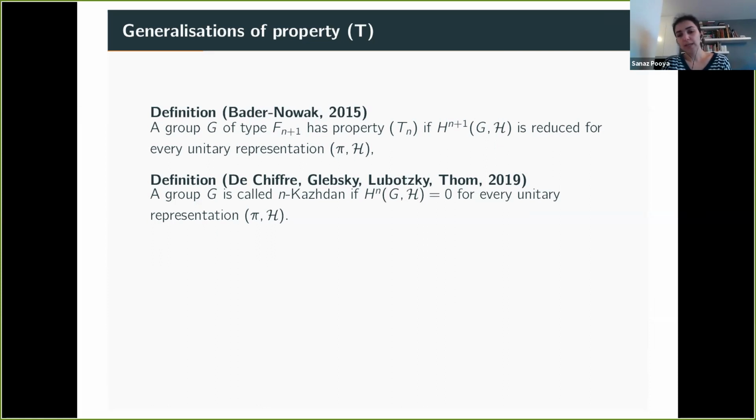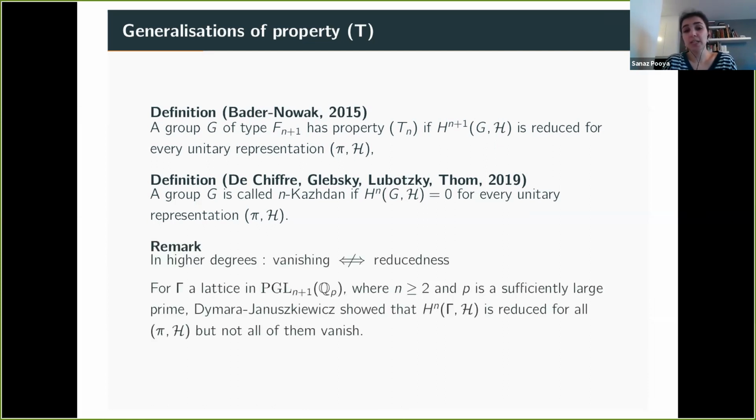So while these, as we saw by the theorem of Delorme-Guichardet, are equivalent in the first degree, this is not the case when one moves on to higher degrees. Obviously, vanishing implies reducedness, but the other way around is not always the case. Example: take a lattice Gamma in PGL_{n+1}(Q_p), where n is bigger or equal than 2, and p is sufficiently large.